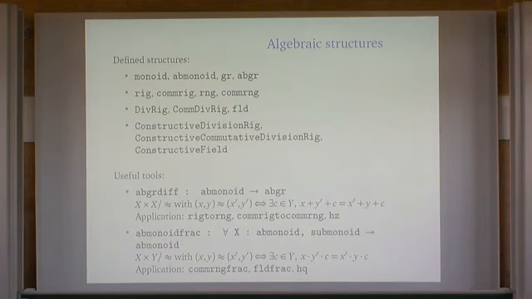And for all these structures, we have many properties and definitions. In particular, to define a group using a monoid, it means that we would like to add an additive inverse.